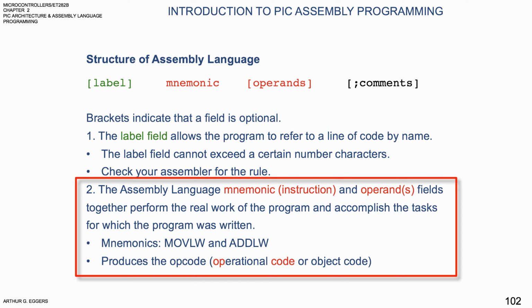The opcode is then used by the CPU to execute the program. Commands org and end, origin and end, are examples of those directives. More of these pseudo instructions will be considered later.